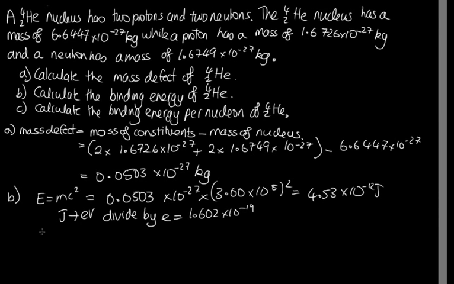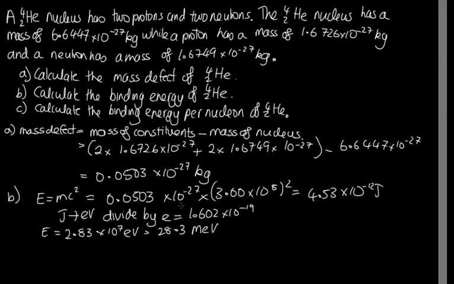When we divide this energy by 1.602 times 10 to the minus 19, we get 2.83 times 10 to the 7 electron volts. And if we wanted mega electron volts, mega means times 10 to the 6, so this is equal to 28.3 mega electron volts. Often this is a unit that is used to express these binding energies, just because it's more convenient. 28.3 is a nicer number than 4.53 times 10 to the minus 12 joules, or at least it's easier to visualize.